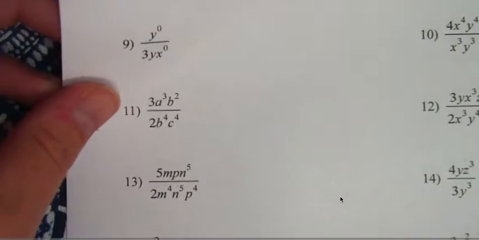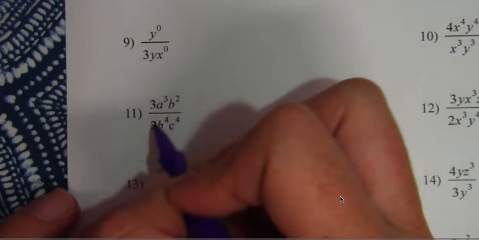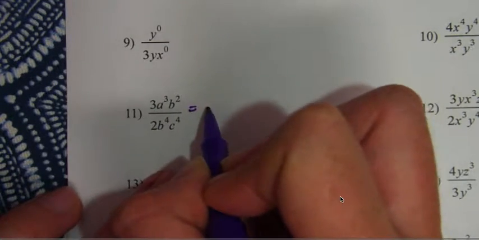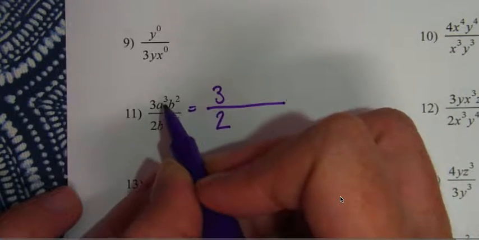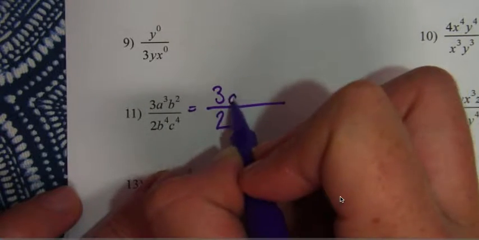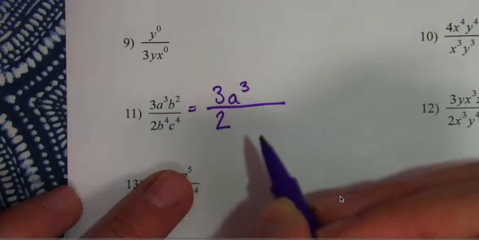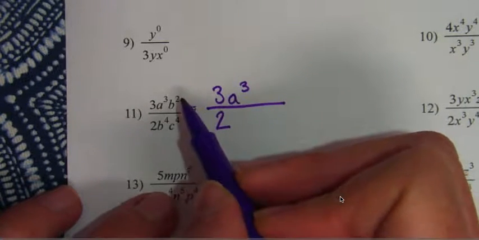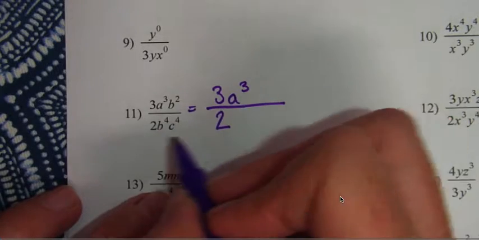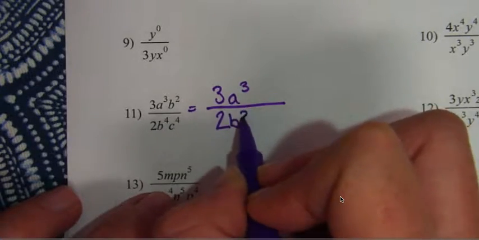Let's go to 11. So 3 over 2, nothing really cancels out, or simplifies, I should say. So we have a to the third. Oh, he's going to stay up top. I don't have any a's to cancel out. I have 2 b's up top and 4 at the bottom. So 2 minus 4 is negative 2, but we're just going to write it with 2 there.